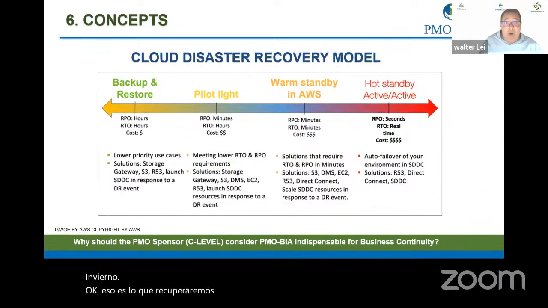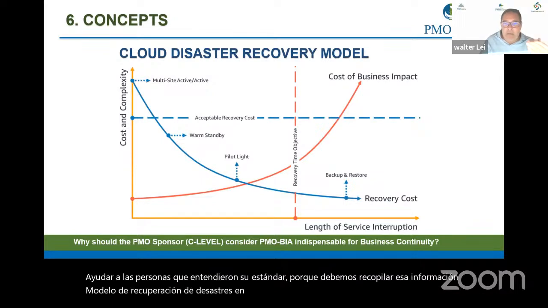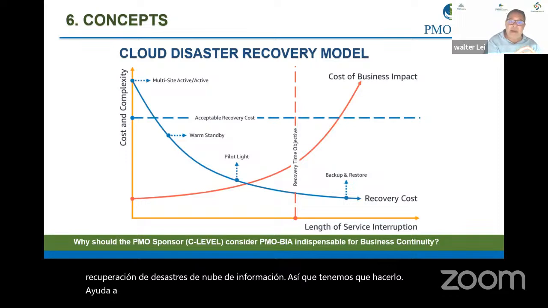The cloud disaster recovery model. That's the information we have to know, and we should help the people to understand it, because we should gather that information, the cloud disaster recovery model.